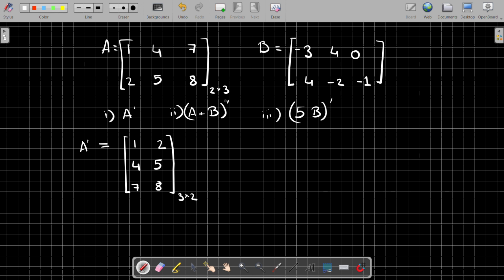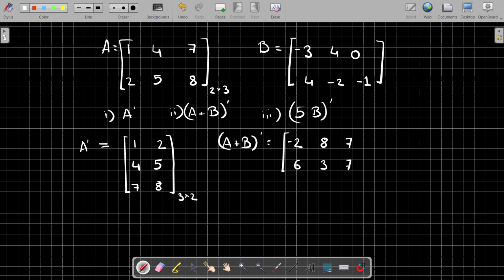Now let's find A plus B transpose. First let's add the matrices together: 1 minus 3 is minus 2, 4 plus 4 is 8, 7 plus 0 is 7, 2 plus 4 is 6, 5 minus 2 is 3, and 8 minus 1 is 7.